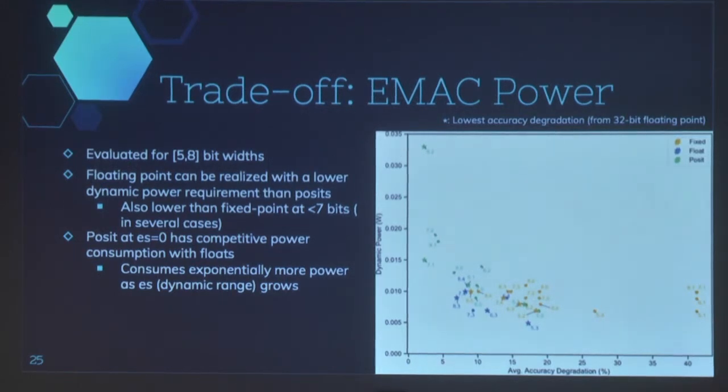So when ES is 2, compared to ES is 0, you would see that the power kind of grows exponentially. Whereas floating point can be realized with a lower dynamic power requirement than posits. Posits with ES equal to 0 seem to have comparable power consumption with floats.